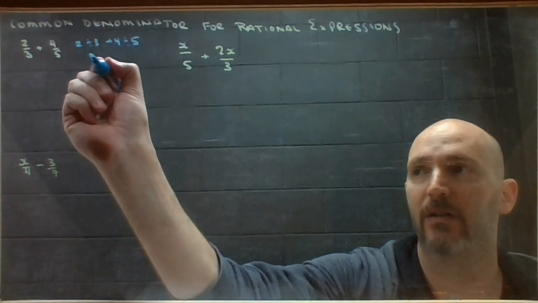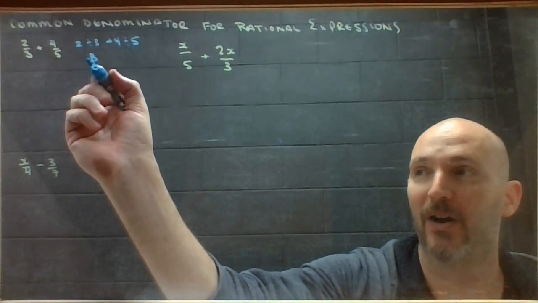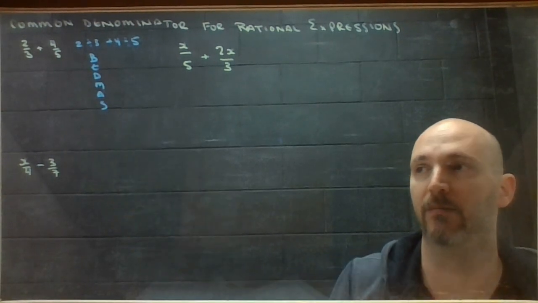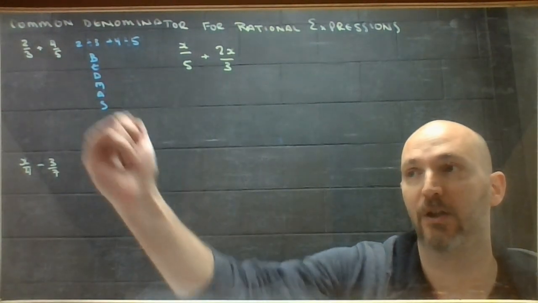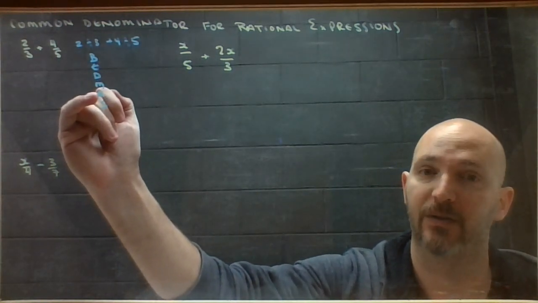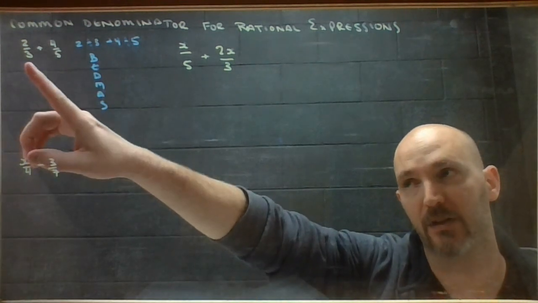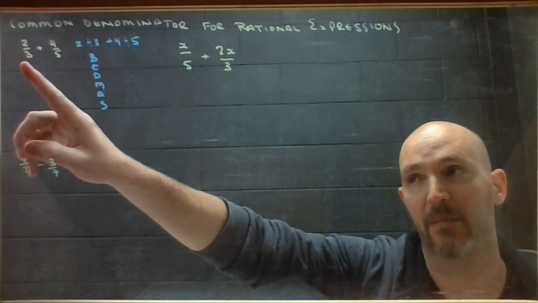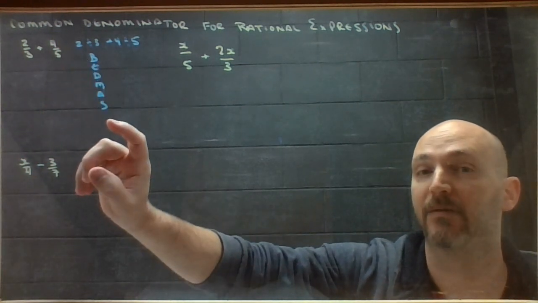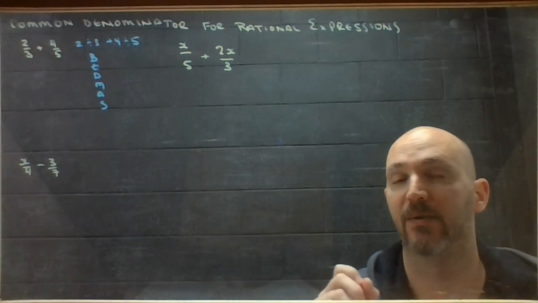And according to your order of operations, you're supposed to do division before you get to addition. So in this expression, you would have to do 2 divided by 3. Then you would have to do 4 divided by 5. And then you would be allowed to add them together, but only after you've done those divisions.